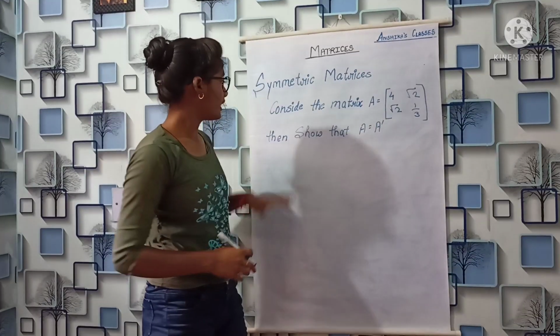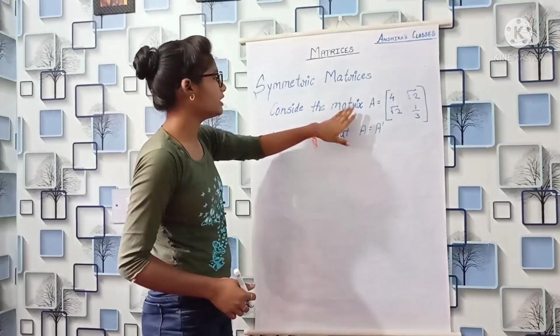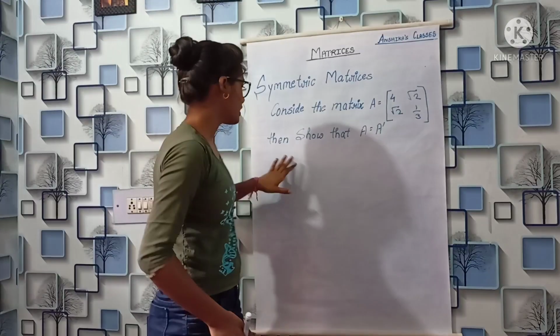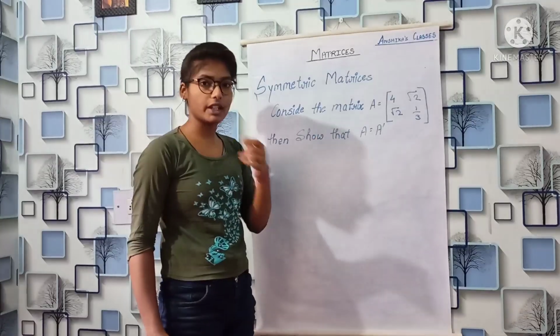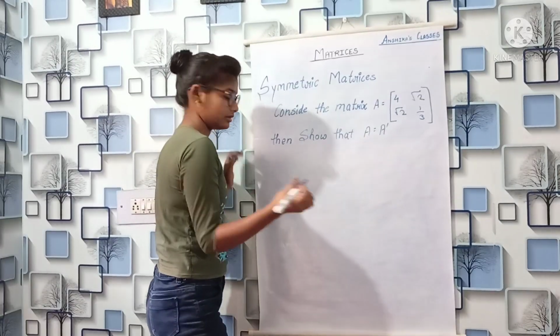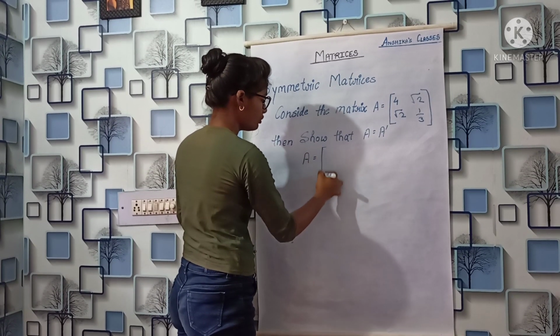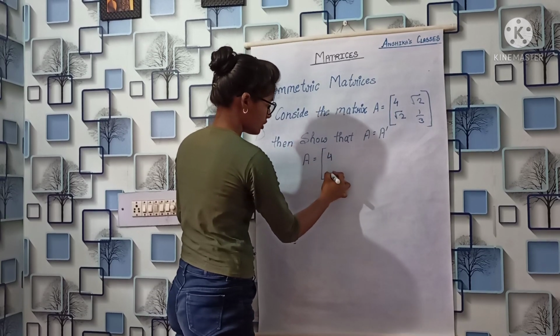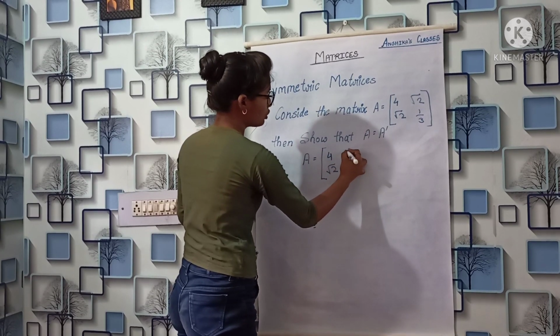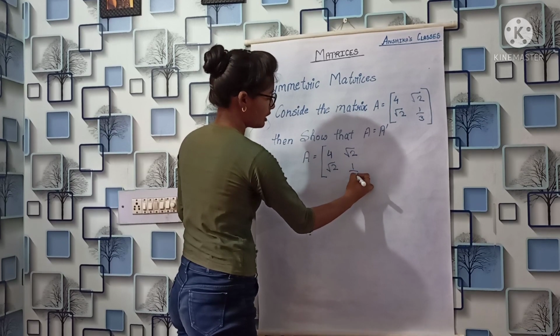So now take an example. Consider the matrix A is equal to this. Then show that A is equal to A dash. A is equal to 4, root 2, 1 by 3.